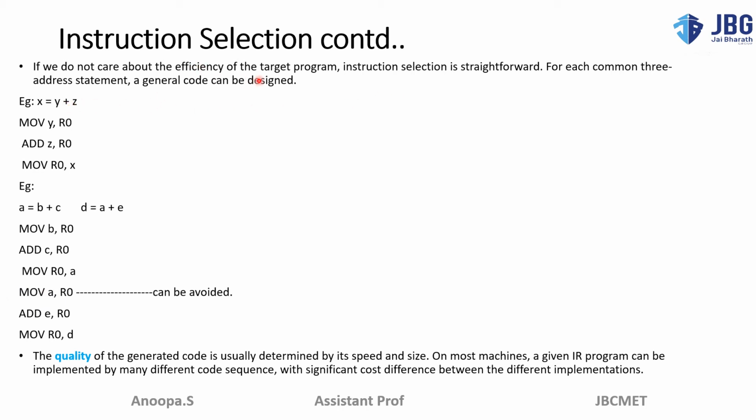We don't care about the efficiency of the target program. Instruction selection is straightforward. For each three address statement, a general code can be designed. Now, the quality of the generated code is usually determined by its speed as well as its size. On most machines, a given intermediate representation can be implemented by many different code sequences with significant cost differences between the different implementations.